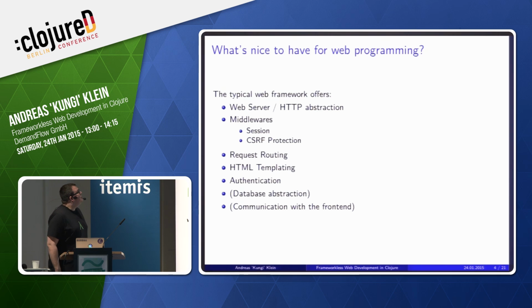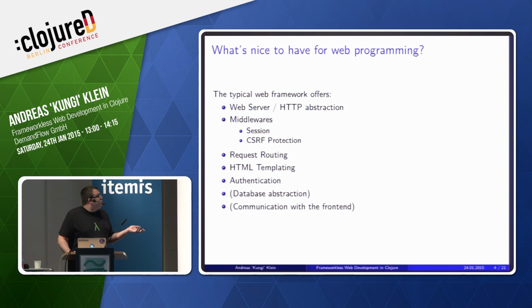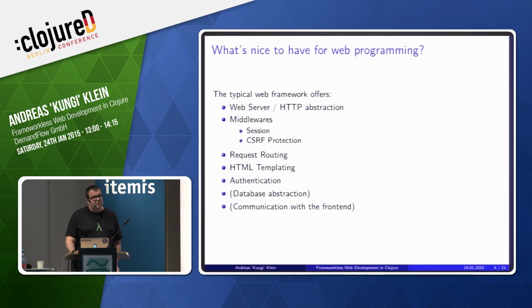So, what do we normally need when we do web programming? We need some kind of web server HTTP abstraction to put our web application on any server, like, for example, in Clojure, Jetty and HTTP Kit. So we want to have an abstraction above that. We want to have middlewares, for example, for session handling, CSRF protection, and many more things. We want to have some kind of request routing. So a request comes in, and which part of our application has to handle that?